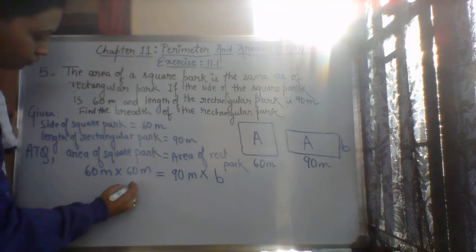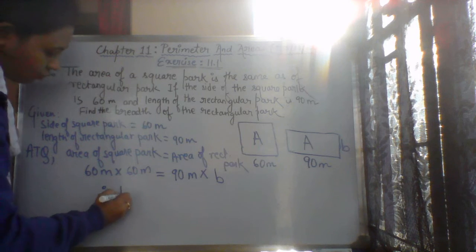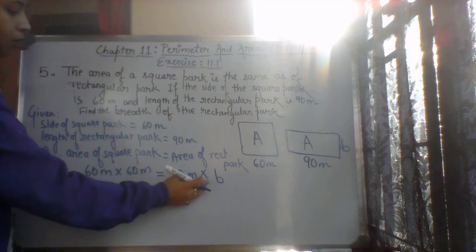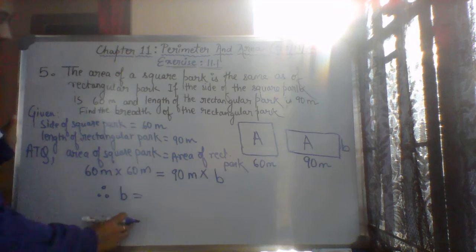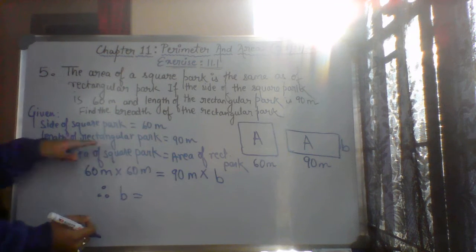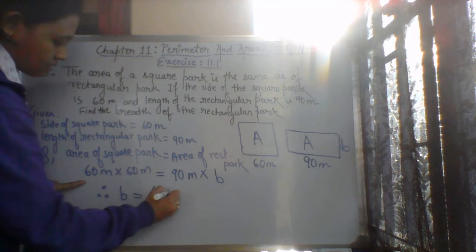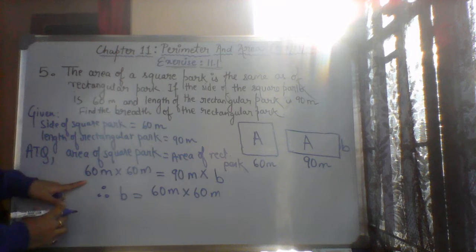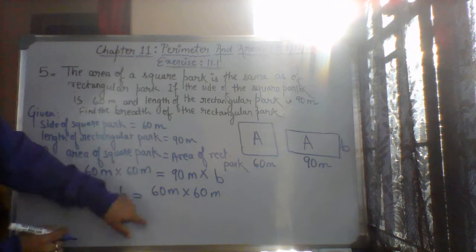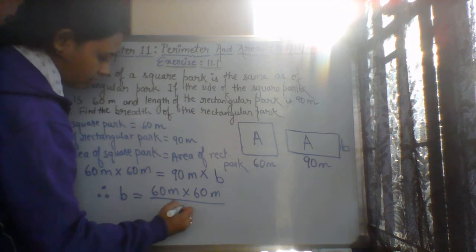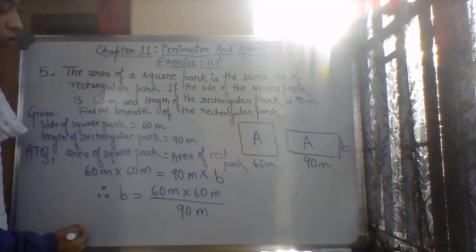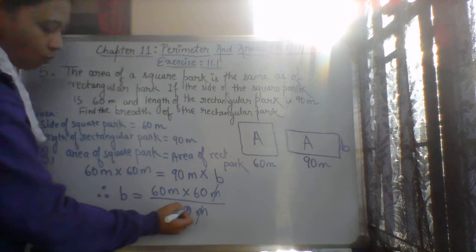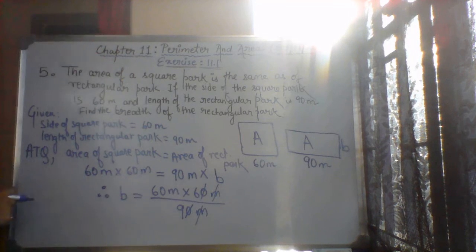Therefore, how much will the breadth be? The 90 meter in multiplication I'm taking to this side, so it will be 60 meter into 60 meter, and this will go to the division, divided by 90 meter. So the 0 and 0 will cancel.